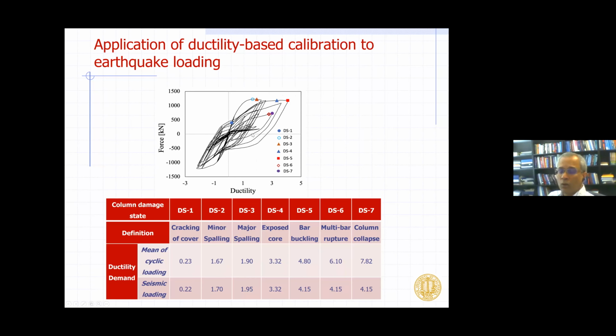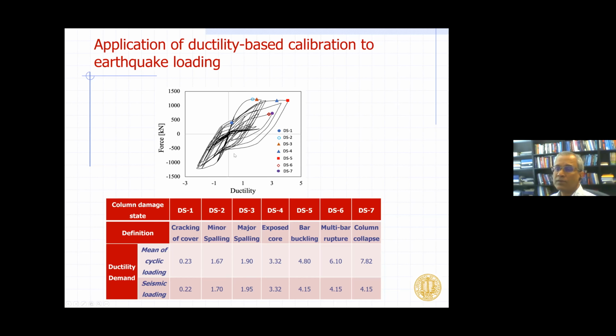All right. However, when we started to apply them in earthquakes, we ran into a problem. In this particular example, I'm showing you the force-displacement response of a particular column under an earthquake load. As you can see here, the maximum ductility was achieved around damage state 5.